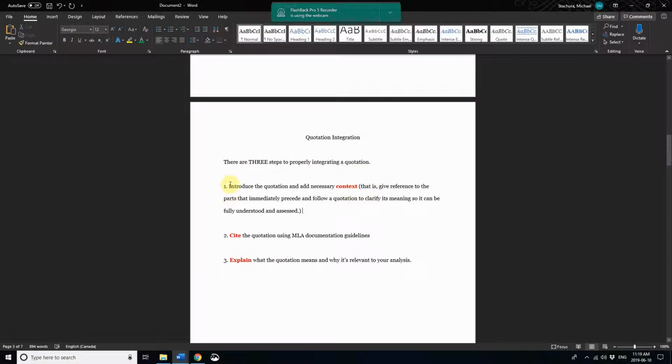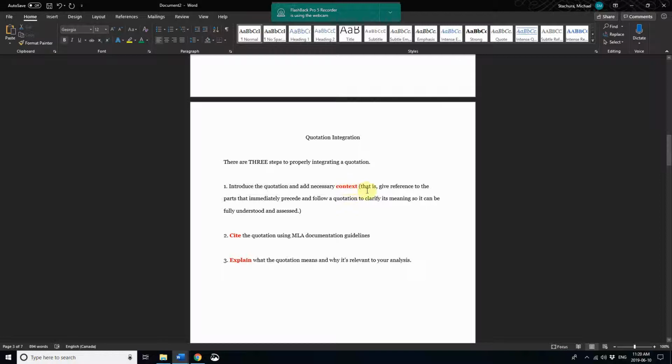The very first thing that you need to do, well, first of all, you need to find a relevant quotation. You need to find a good relevant quotation that you're going to analyze and use in your paper. So that involves close reading. But the first thing you need to do is introduce that quotation and add necessary context for the reader. You need to situate that quotation for the reader, otherwise it just is not going to make sense.